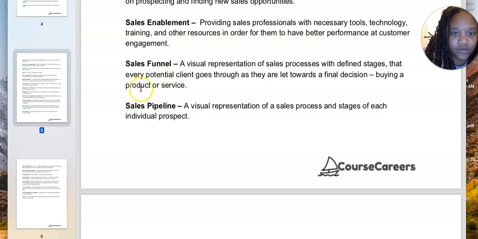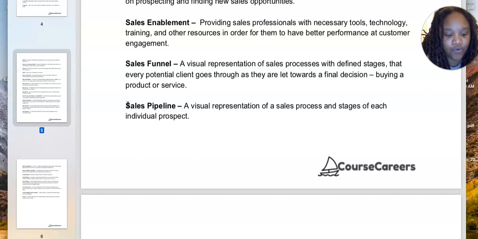I can make another video talking about the sales funnel, but the pipeline is the sales funnel. The only difference is it goes from looking like a funnel to looking like an actual line, like a pipeline.